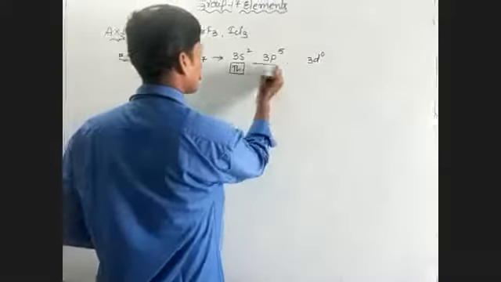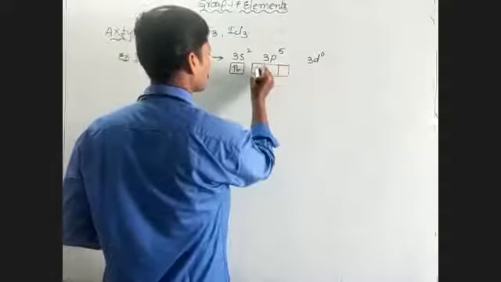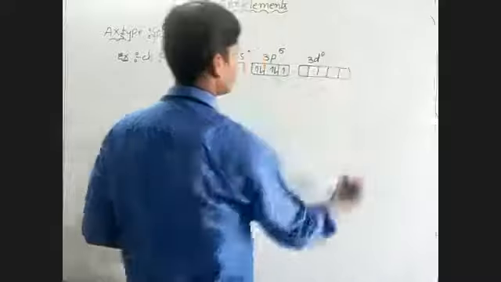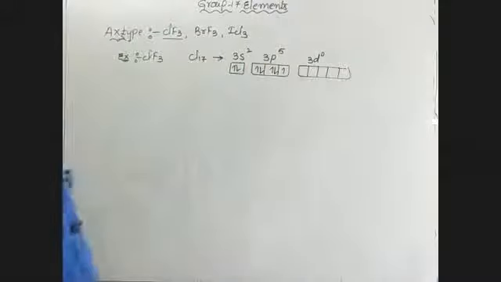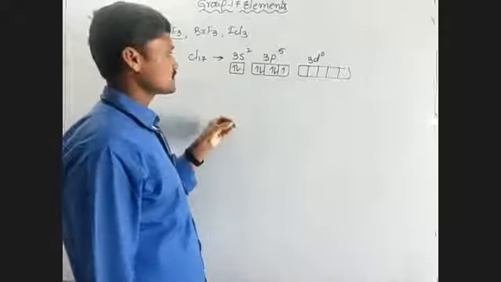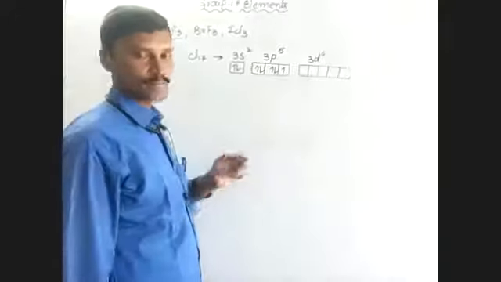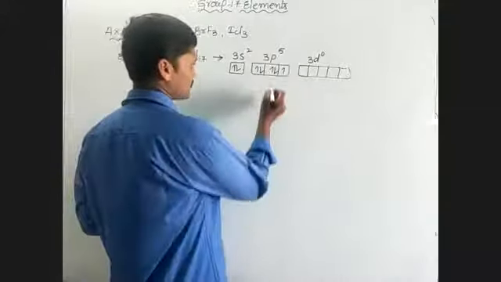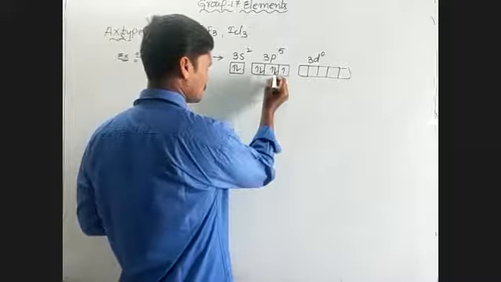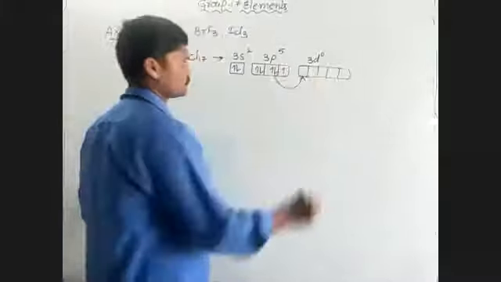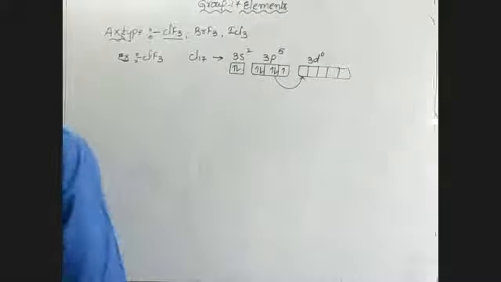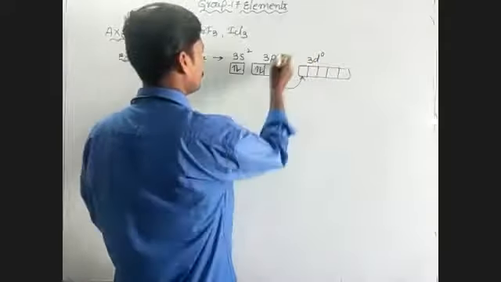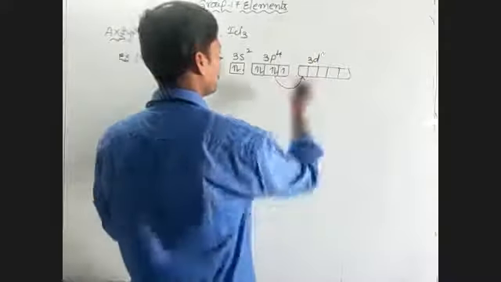Now consider the first excited state of chlorine. In the first excited state, an electron from the 3p orbital goes to the 3d orbital. Then the configuration changes to 3p4 and 3d1.